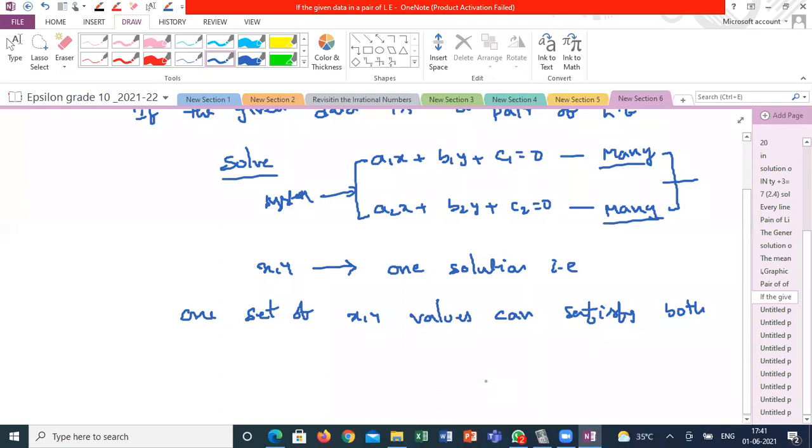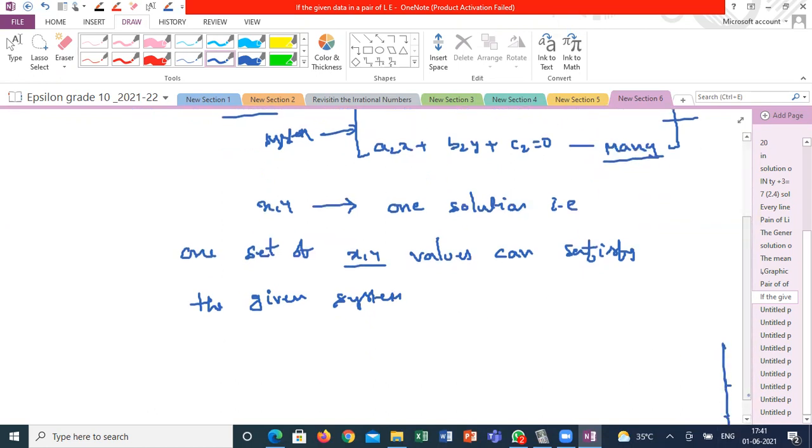Instead of saying both the equations, I can say it satisfies the given system. That one set of x, y is called an ordered pair. That x, y which satisfies the given pair of linear equations is called the solution of the given pair of linear equations.